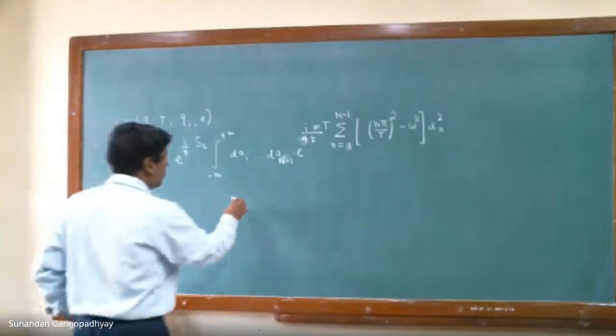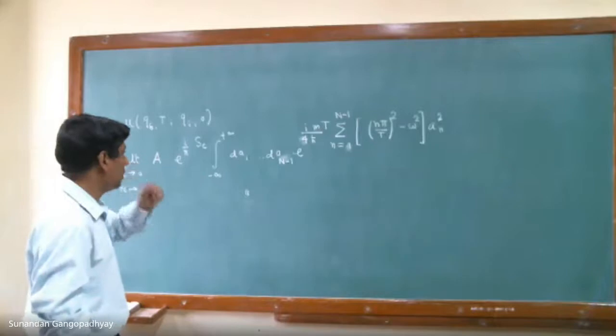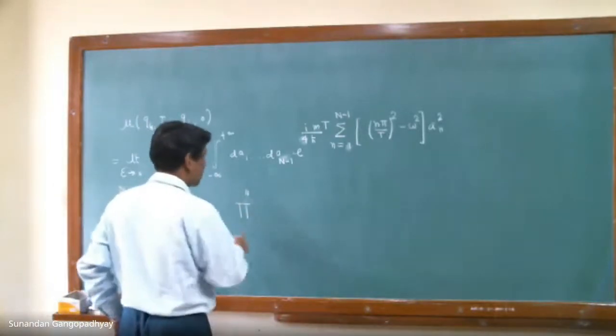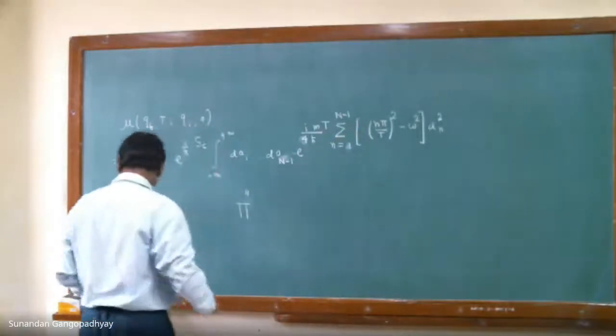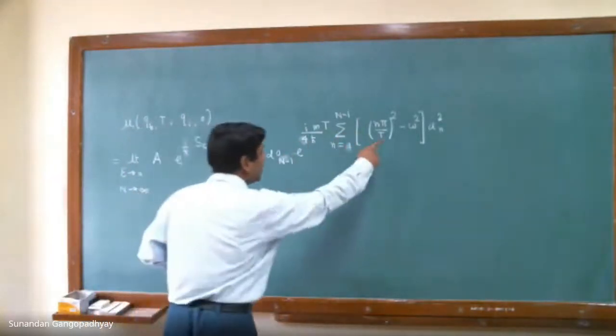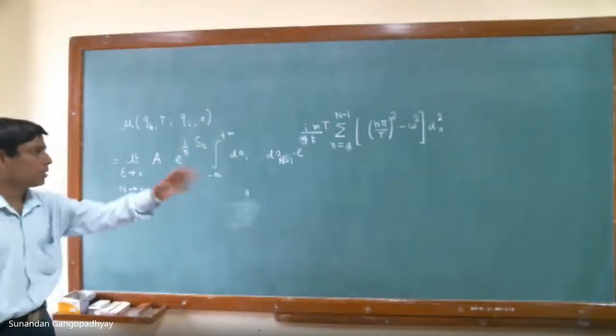In the previous lecture we did this calculation. So you do just one integral, and the result will be a product of N minus 1 such things.